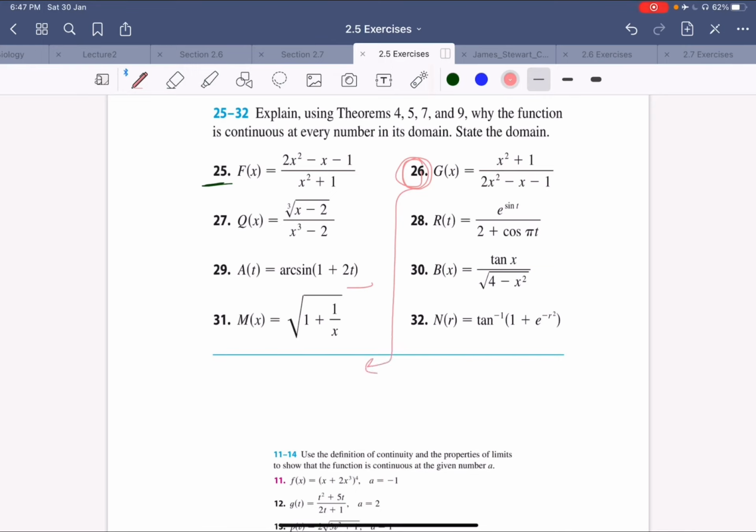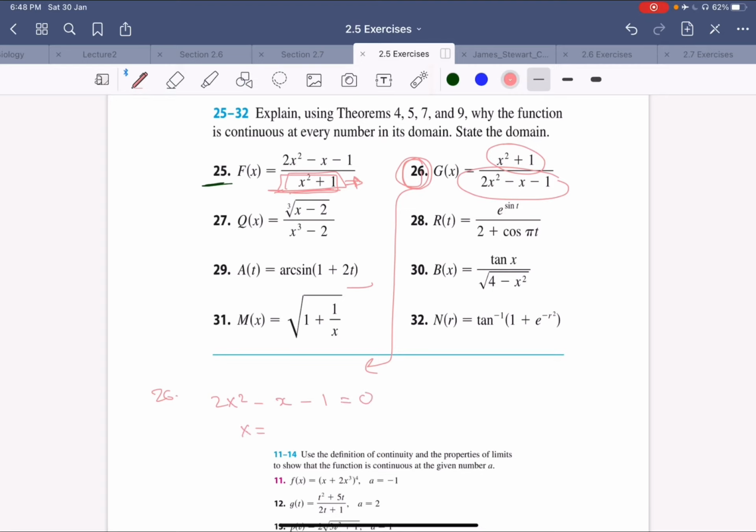So we come to number 26. If we notice, it is the same as 25 but they flipped the denominator and the numerator. There we saw the zeros of the denominator, which is x square plus 1, turned out to be unreal zeros, so the domain was R. Now we take the zeros of 2x square minus x minus 1 equals 0.